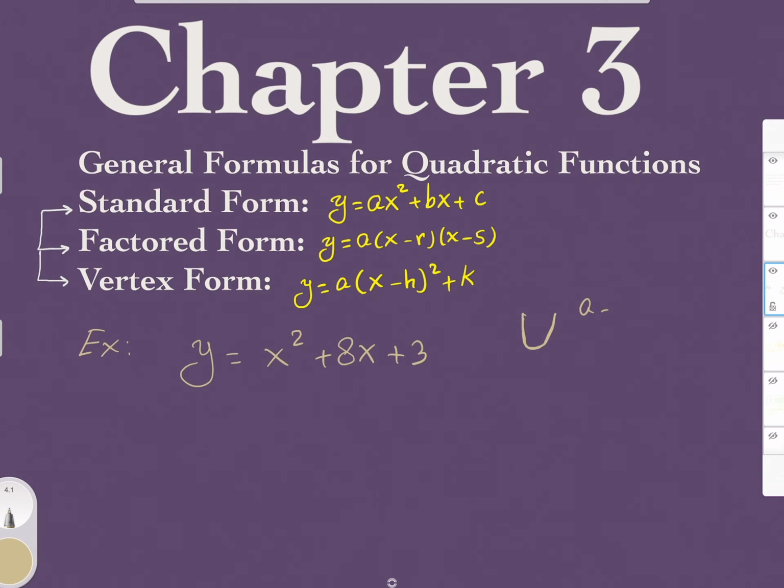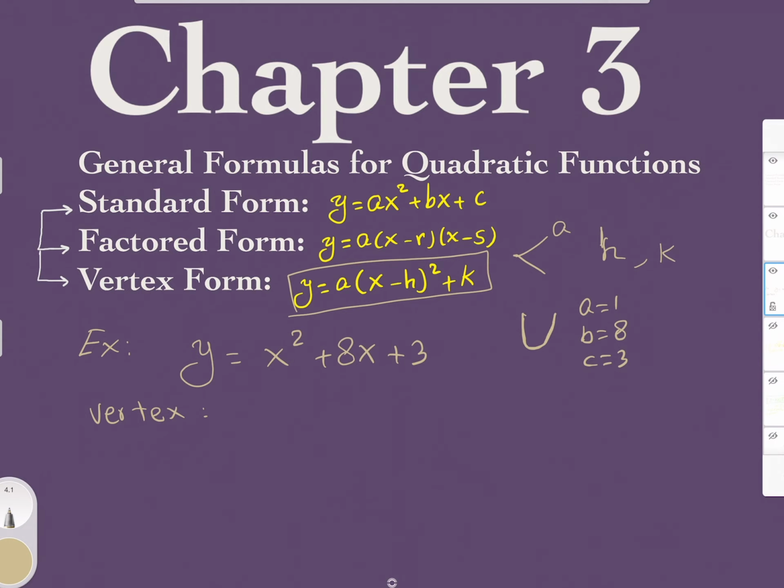We know a equals 1, b equals 8, and c equals 3. Now they're asking us to make this one into a vertex form. That means you need to tell me what is a, what is h, and what is k. h and k are the vertex.